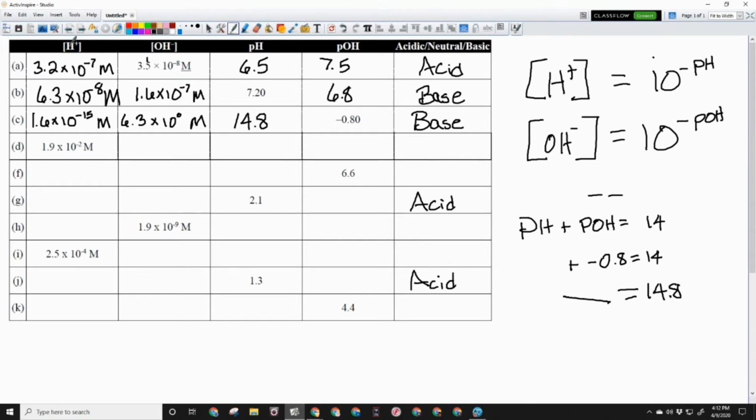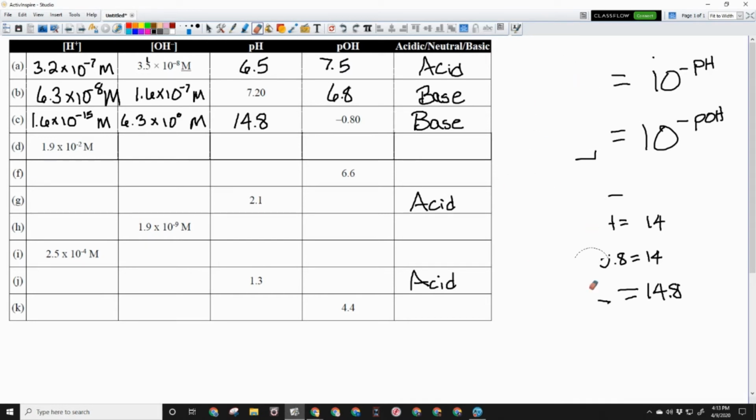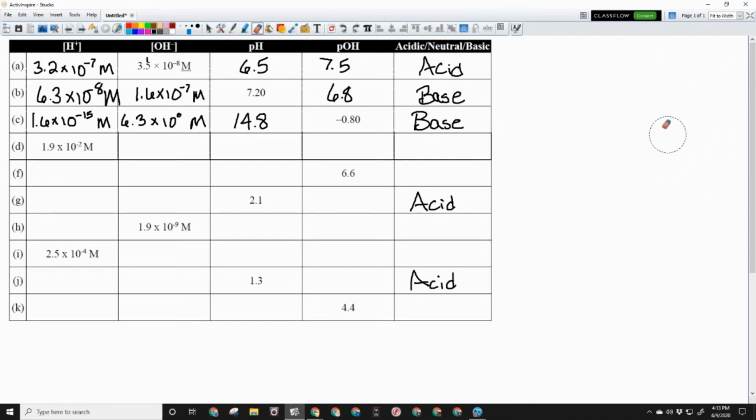When we have the concentration of the hydrogen ion, we can calculate pH. Because the pH is equal to the negative log of the hydrogen ion concentration. So it's just using these over and over and over.